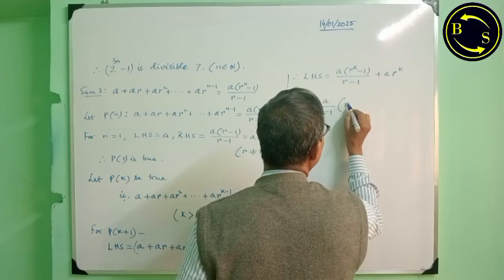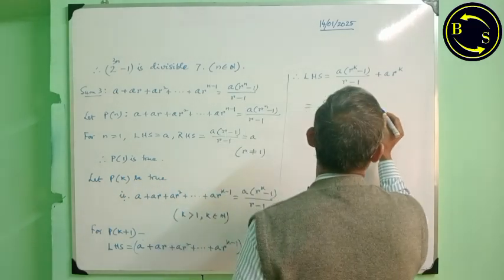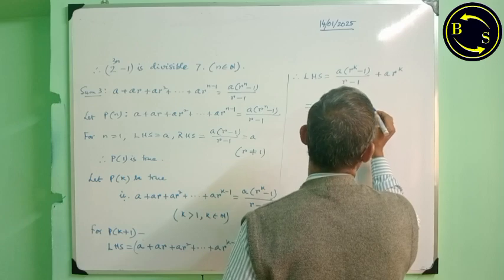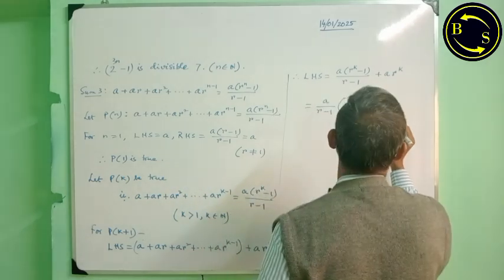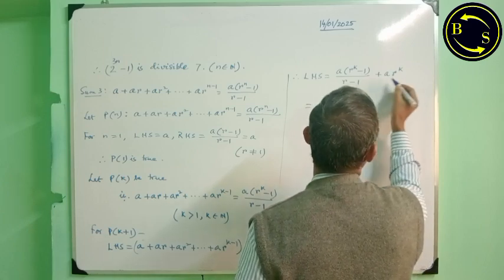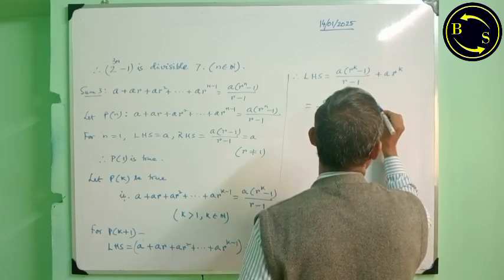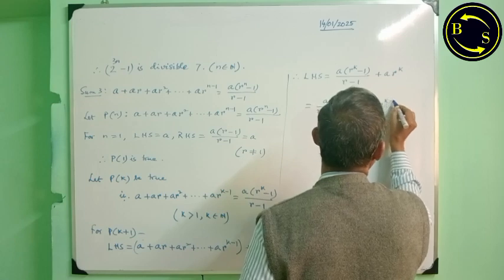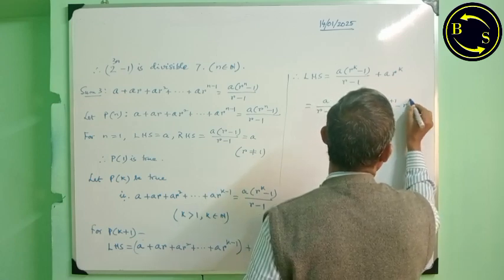Then it will be R to the power k minus 1 plus R minus 1 is to be multiplied with R to the power k. That means R to the power k plus 1 minus R to the power k.